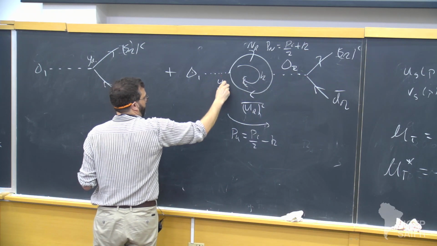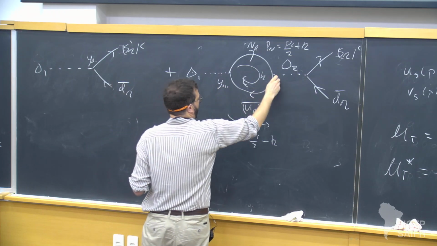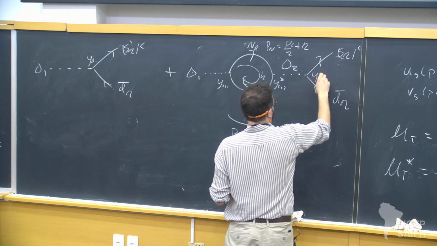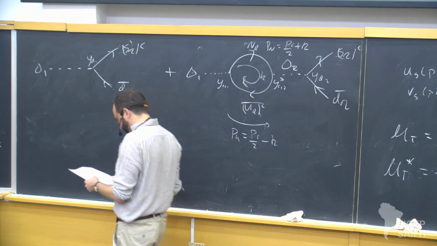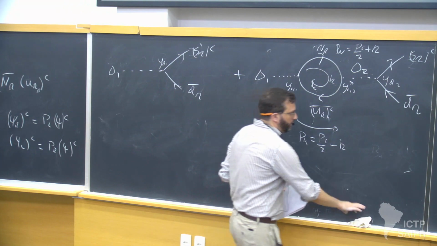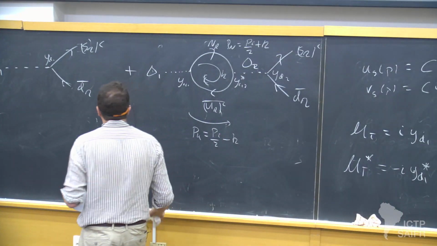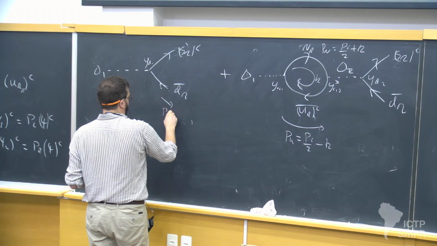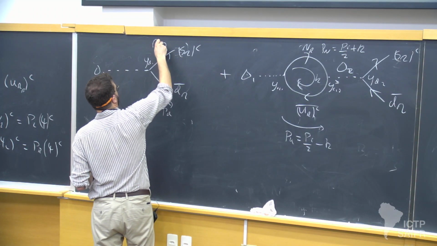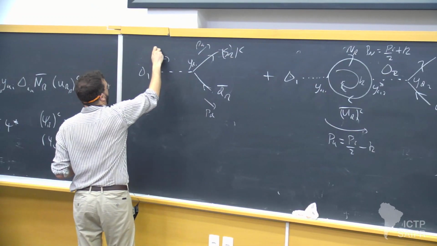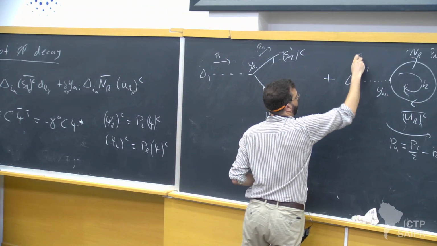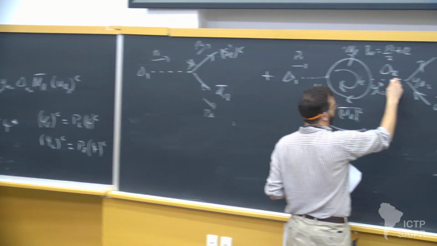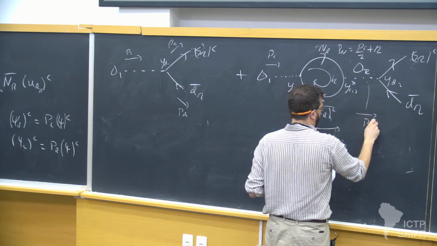Then we have YU1, YU2 star, YD2, okay? This has to have the same momentum here.